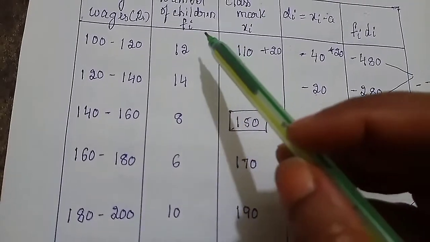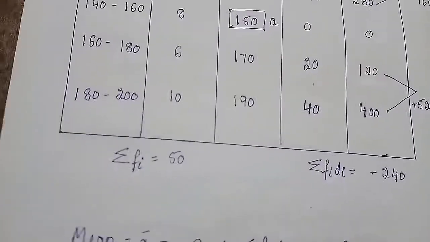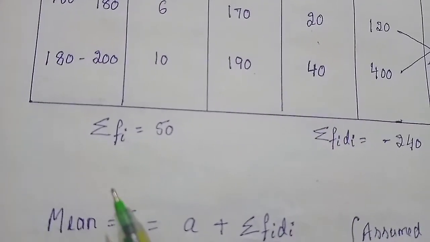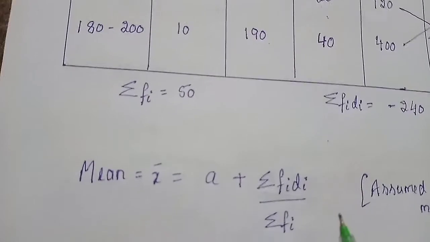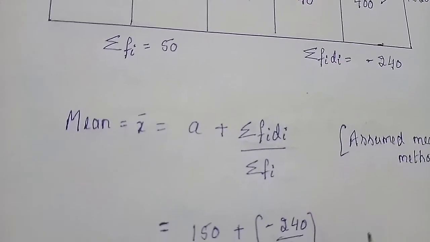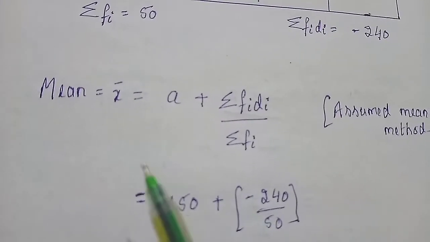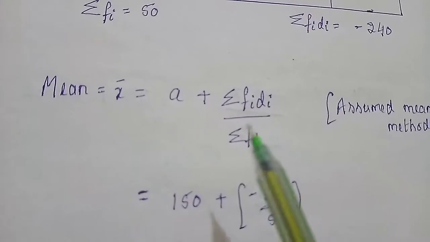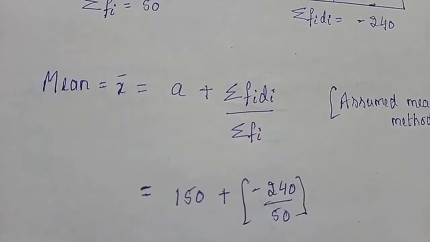And as usual you have to add the fi column. Summation of fi is 50. Now we are ready with two summations, that is summation of fi and summation of fi di. Now we'll take the assumed mean method formula. Mean equals a plus summation of fi di divided by summation of fi.